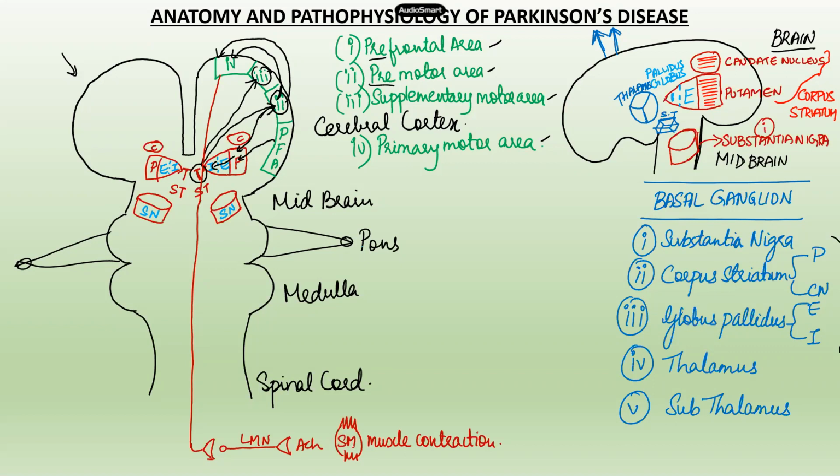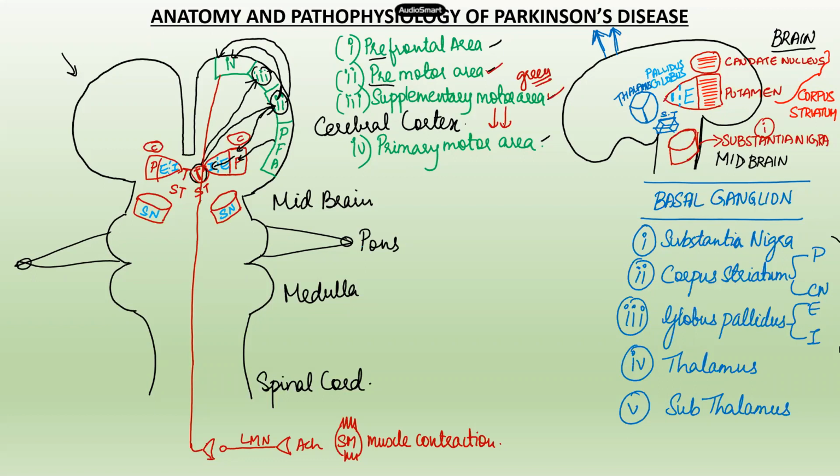So basically your prefrontal area and your premotor area will give impulses or circuits to the basal ganglion, and the basal ganglion will fine tune it and give it to the thalamus, and the thalamus will again relay it back to the second and third, which are your premotor area and your supplementary motor area. Now this supplementary motor area, after giving the green signal, will put it to your primary motor area.